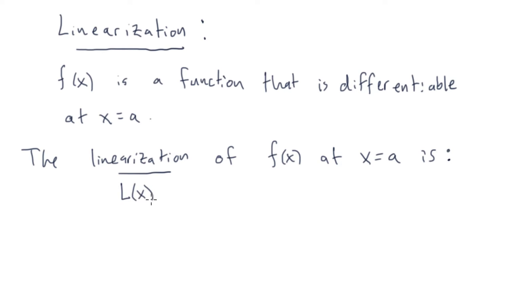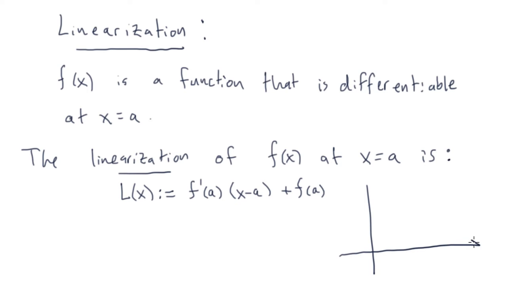So L of x is what we'll denote the linearization, and then we'll just have f prime of a times x minus a plus f of a. So you see, this really is just the equation of the line tangent to f of x. So the graph of the linearization really is just the graph of the tangent line.